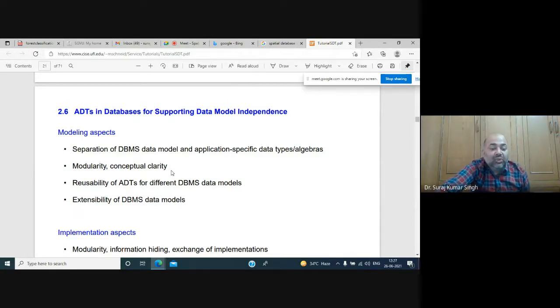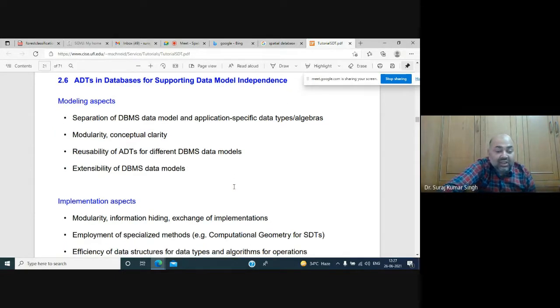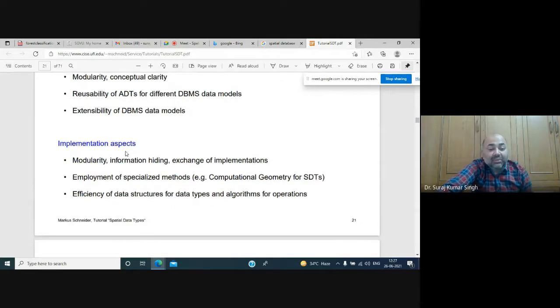The second one is modularity, conceptual clarity, then reusability of ADTs for different DBMS data models, then extendability of DBMS data models. Now, implementation aspects comprise modularity, information hiding, exchange of implementation, employment of specified methods, efficiency of data structures for data types, and algorithms for operations.